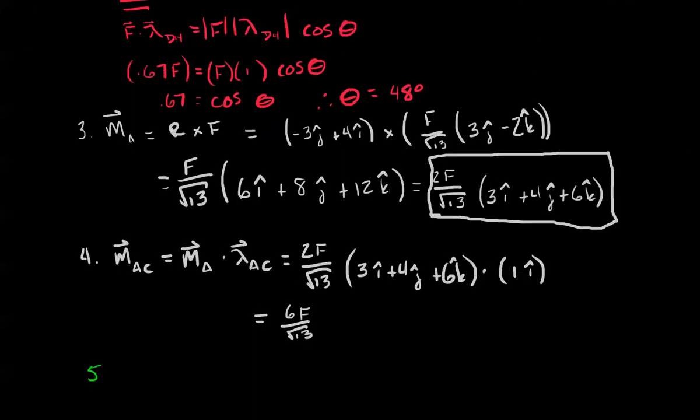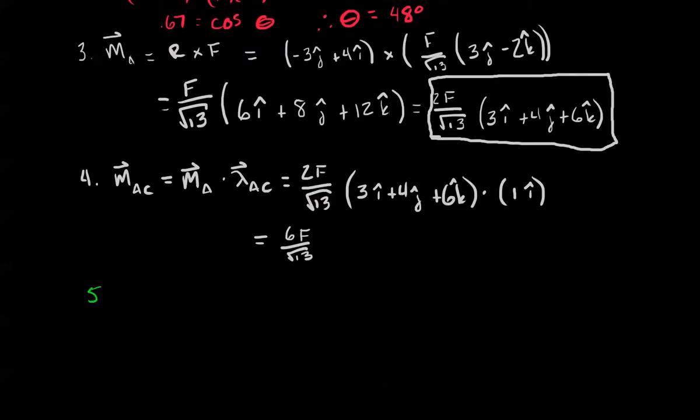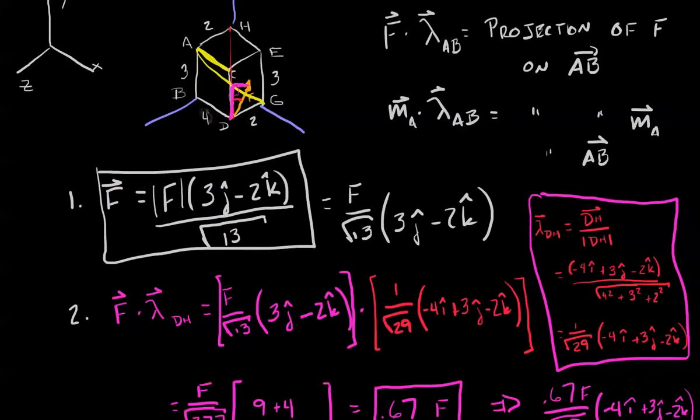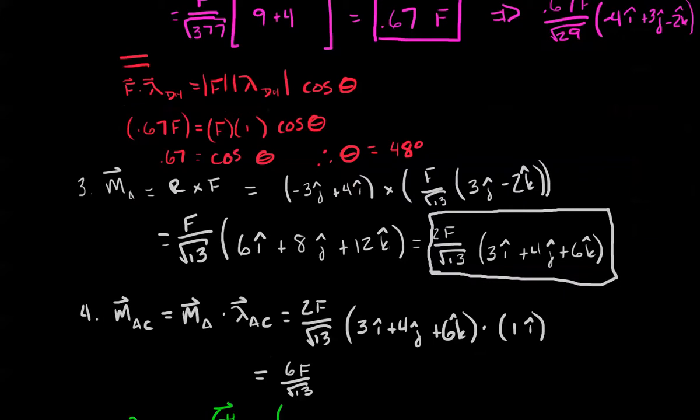Let's figure out what the unit vector AG is first. Unit vector AG is simply going to be the vector GH divided by the magnitude of GH. Now, the vector GH is going to be, let's take a look at the problem, 4i, negative 3j, and negative 2k.